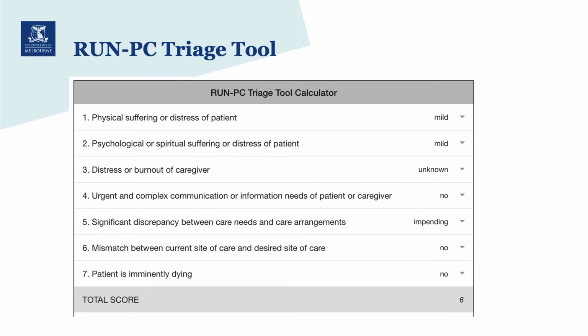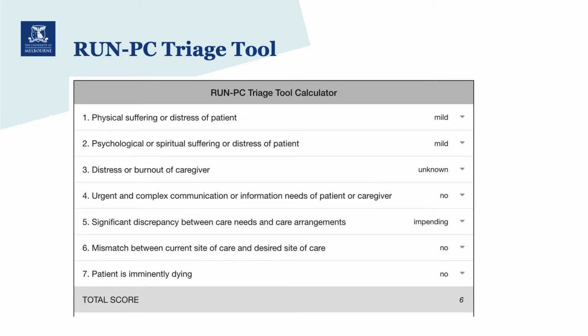We don't know about how her caregiver, her husband, I think it was, is travelling, so that's an unknown. And although it sounds as though she could do with some help in broaching the topic with her husband, it's not really urgent. So I said a no for item 4.